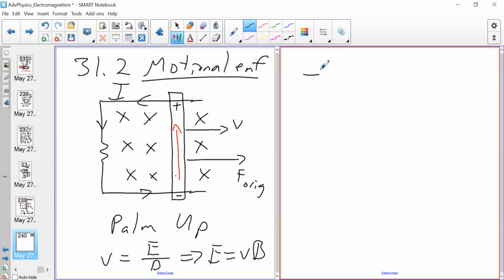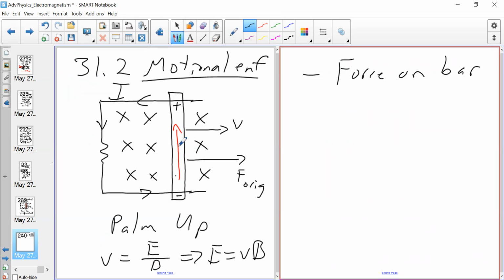So now the next thing we want to do is get the force on the bar. Right-hand rule, we have our fingers going into the page. Our thumb is going to represent the current. And so therefore, our palm is going to be facing to the left.